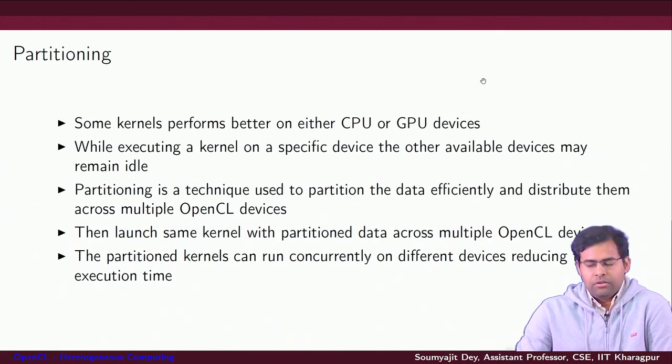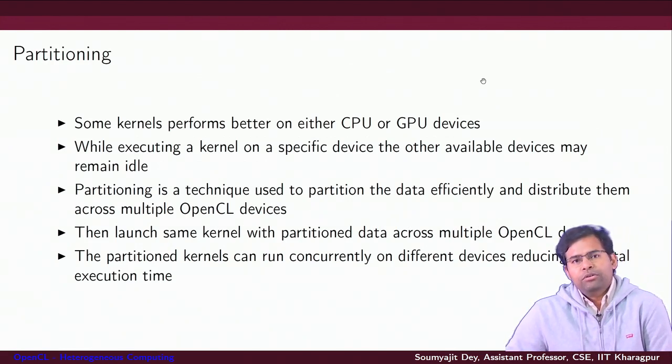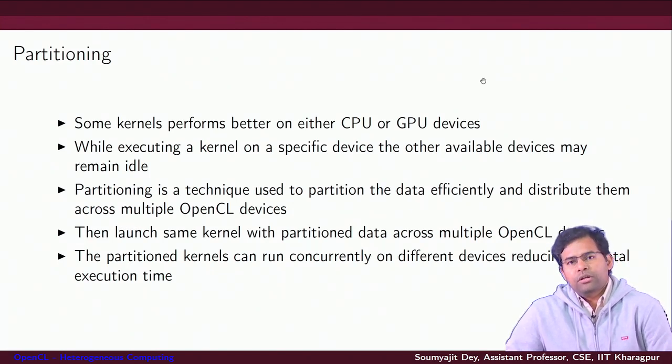To motivate a bit more, in general, you can have kernels which are GPU friendly, because let's say the kernel has a lot of parallelism, and inside each parallel thread there is not much control oriented dependency. Then it is very much a GPU oriented kernel, and it makes sense to execute it on the GPU.